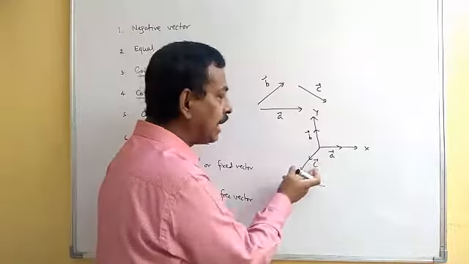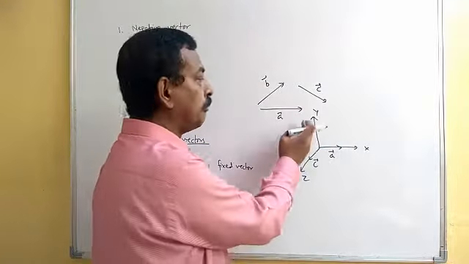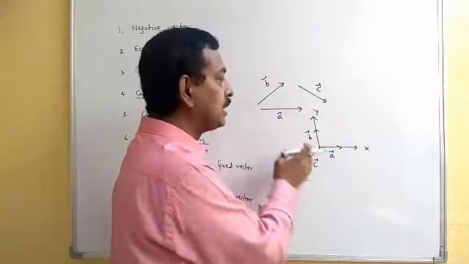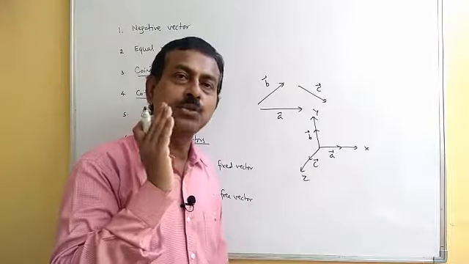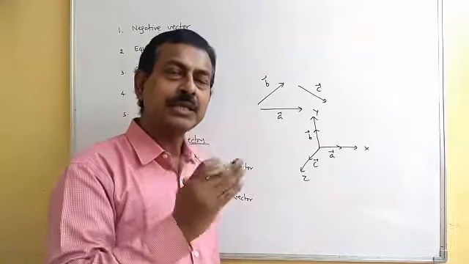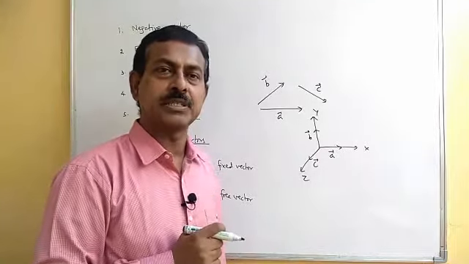But vector A and vector C, they are lying in one plane, they are coplanar. Vector B and vector C, they are in one particular plane, yz plane, in that case they are also coplanar. So you have to see that the two vectors which we are taking, two or more than two, if they are lying in the same plane, then they are called as the coplanar vectors.